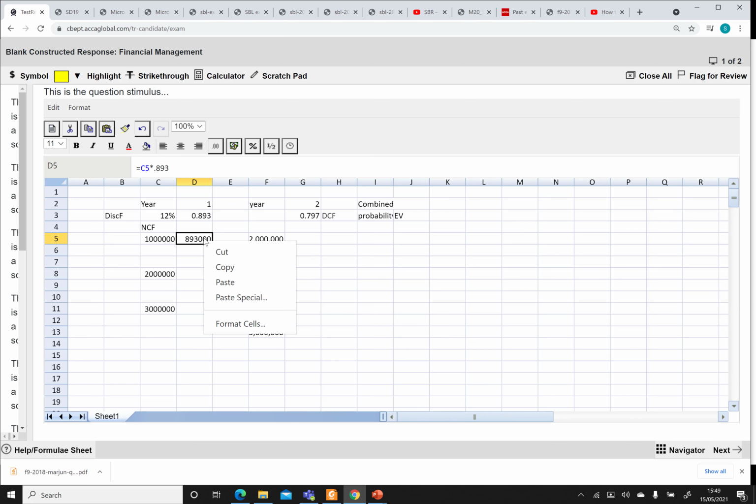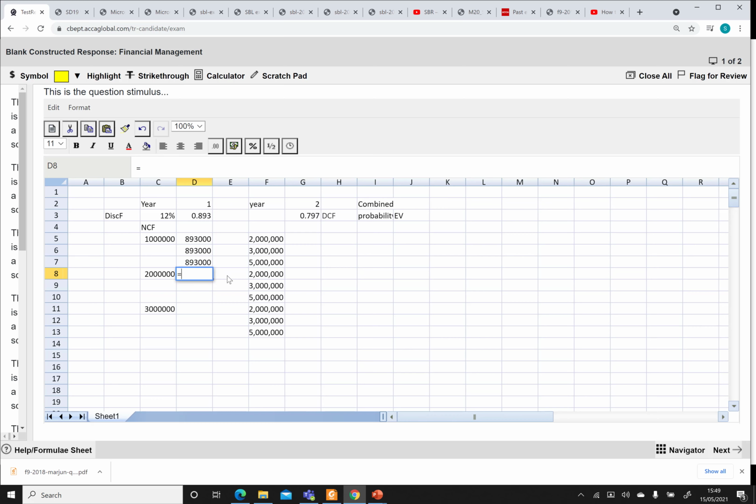And I'm going to repeat that by going copy and paste. Oh, didn't like that. So let me try again. Copy and paste. And it still didn't like that. So rather than keep flogging away, I'll just type 893,000, 893,000.